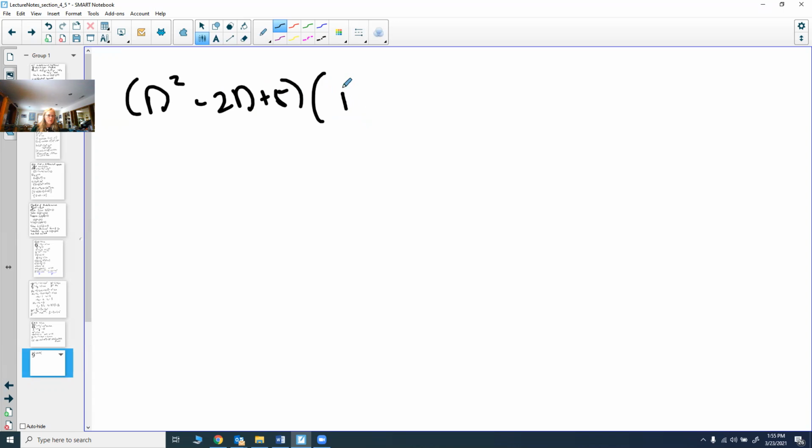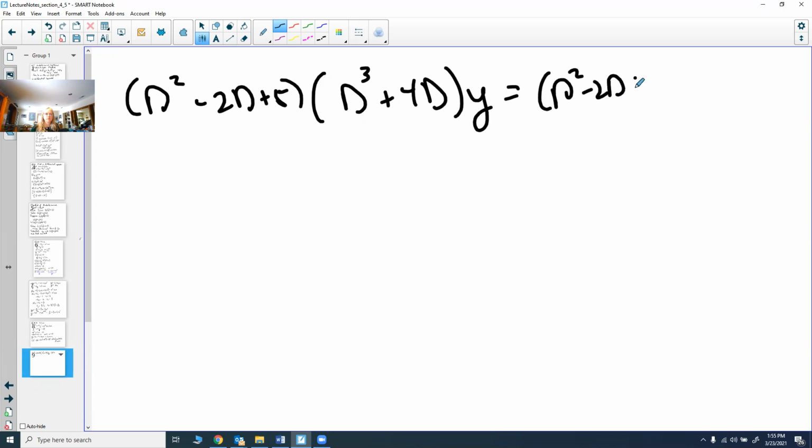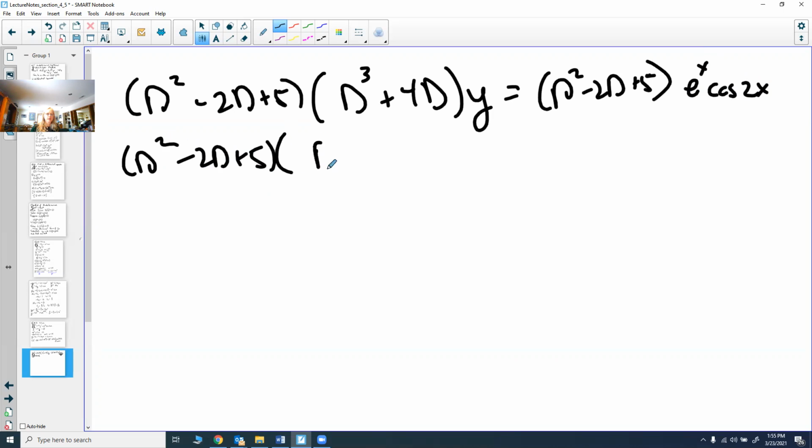It was y triple prime, so that's the third derivative, plus 4 times y prime, so that's the first derivative, so D cubed plus 4D of y equals the differential operator on my e to the x cosine of 2x. And so we know we get (D squared minus 2D plus 5) times (D cubed plus 4D) of y equals 0 because it annihilates it.